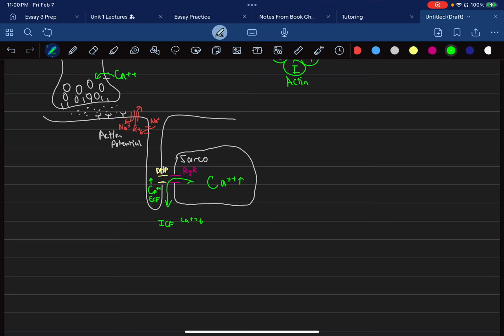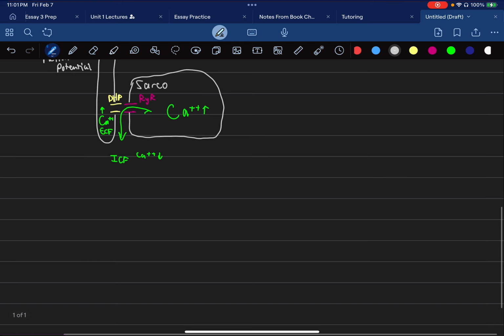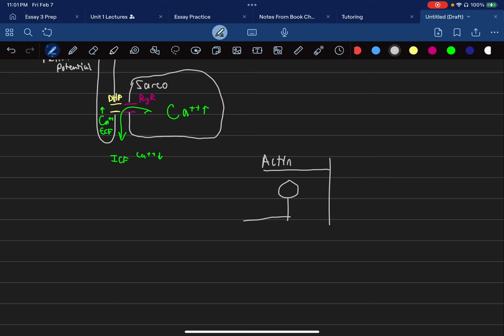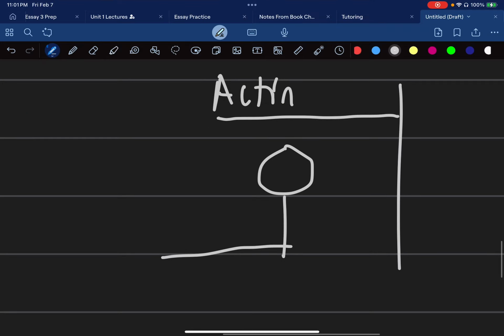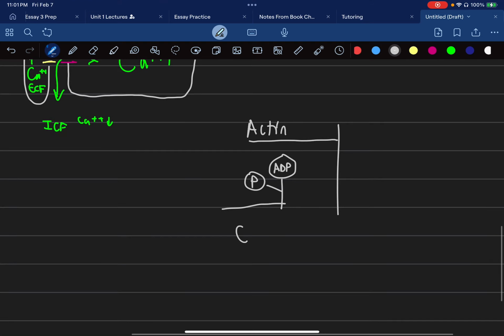So let me just draw that out on a molecular level here. So here, let's say we have our thin filament, we have our actin here, and we have our myosin here. The myosin is going to start out with an ADP and a phosphate on it, and we call this cocked position.